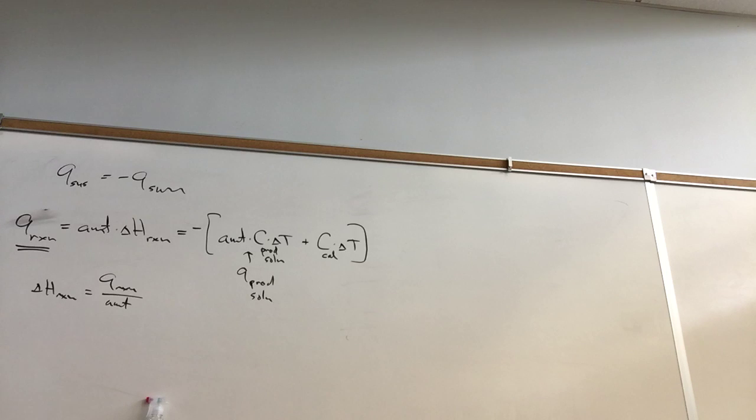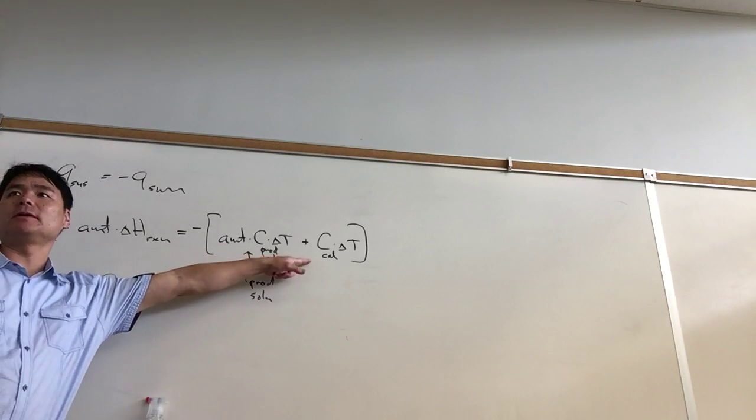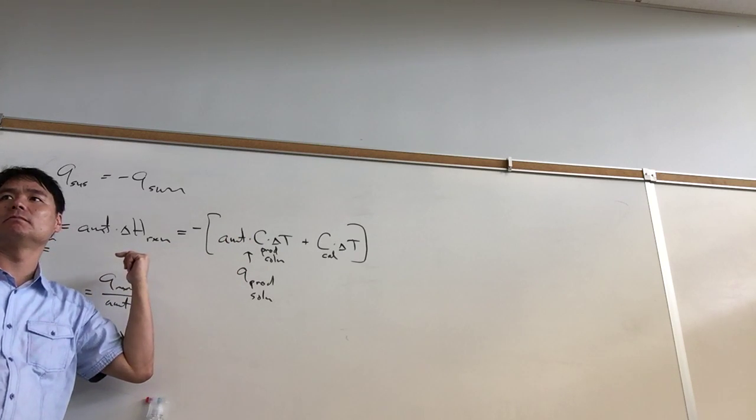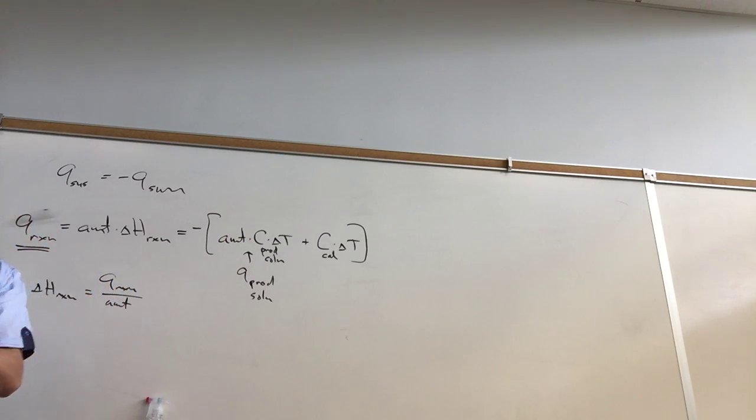For delta H, what is it? Q of the surroundings? No. Q of the reaction. Basically it's this whole term here. Once you get a number for this, that's Q of the reaction. Q is an extensive property.